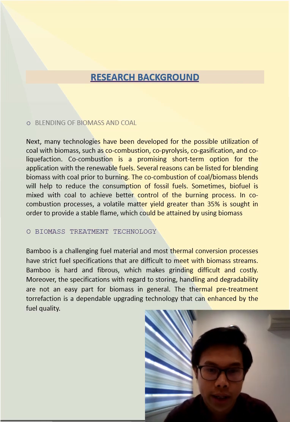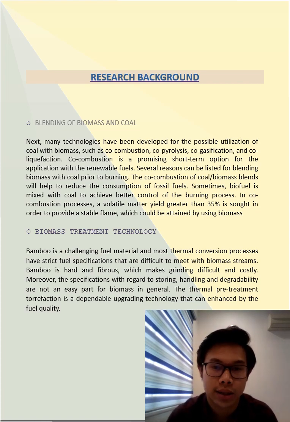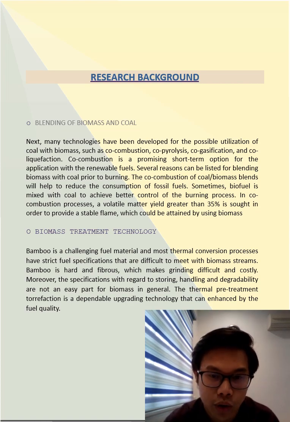For the first point, many technologies have been developed for the possible utilization of coal with biomass, such as co-combustion, co-pyrolysis, co-gasification, and co-liquefaction. Co-combustion is a promising short-term option for the application with renewable fuels. Several reasons can be listed for blending biomass with coal prior to burning.